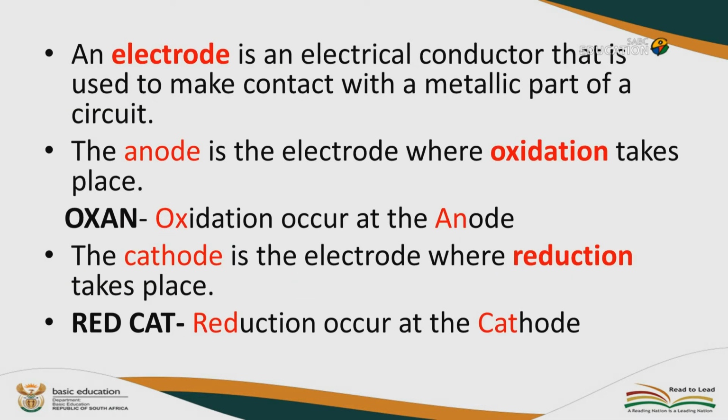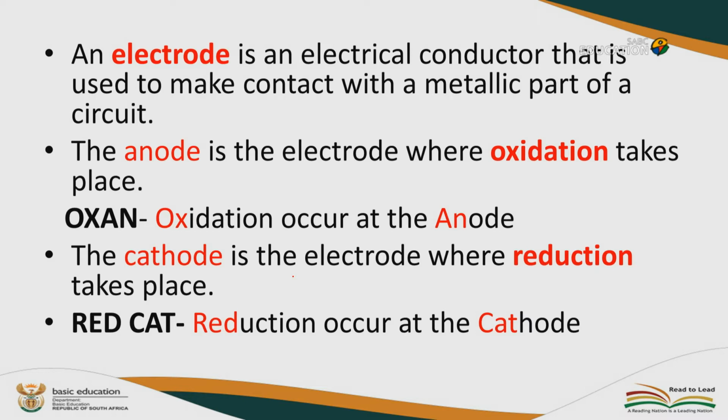Now, let's look at the words, because this wording is what sometimes makes us get confused. We have what we call an electrode. As I explained, an electrode is an electrical conductor. Understanding the different substances, matter and material, you know that metals are mostly used to conduct electricity. So most of the electrodes that we are going to use in our examples are metals that will be able to transfer electricity.